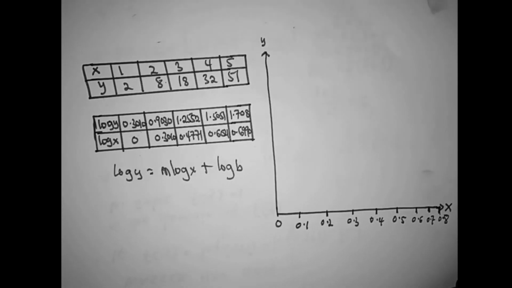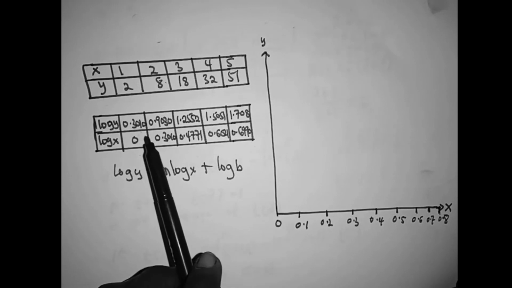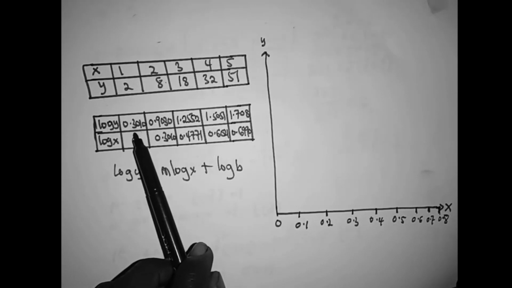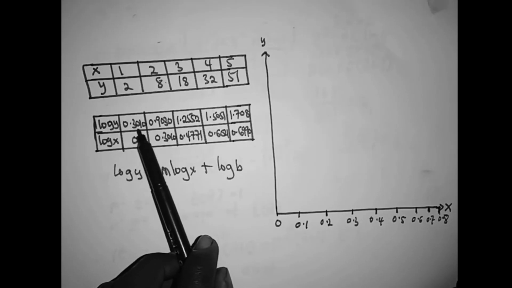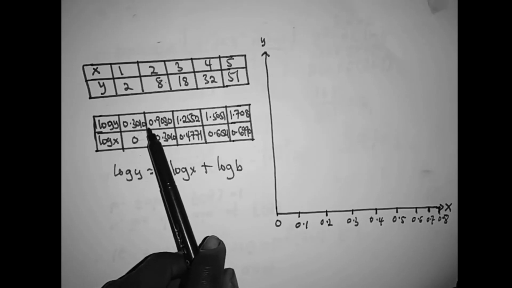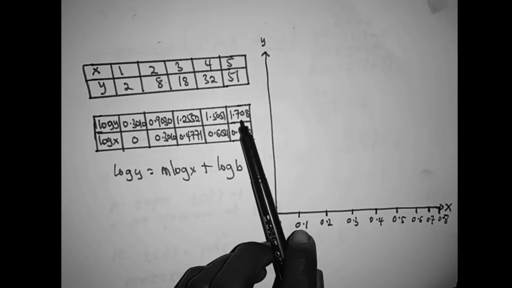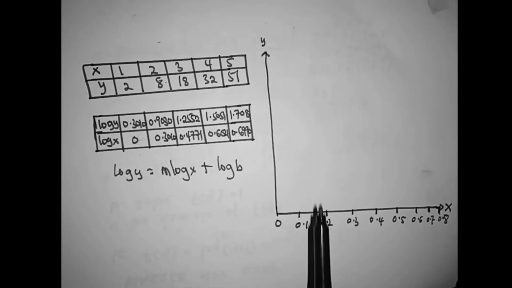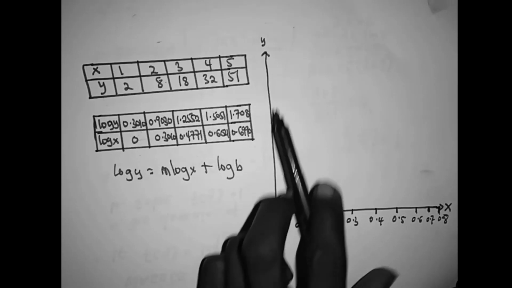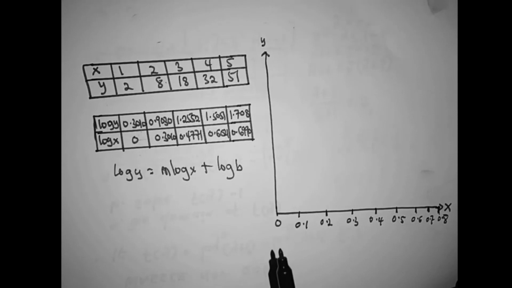Then on the y-axis, we see that the lowest log y value is 0.3010, and the highest is 1.708. So if we take a scale of 1 unit to 0.3, then we will be able to get all the y values as well.